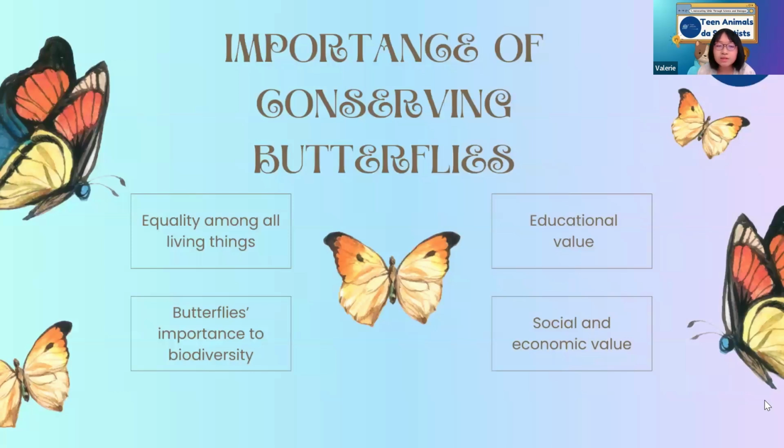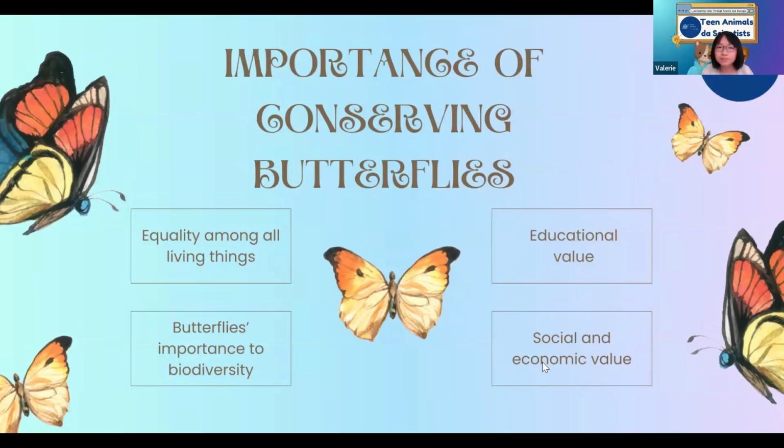And to begin, it is important to conserve butterflies because we should have equality among all living things. Of course, it is impossible to exercise absolute equality. For example, some of us may have to consume meat for survival, and you might say it is not equal for the animals that we consume.